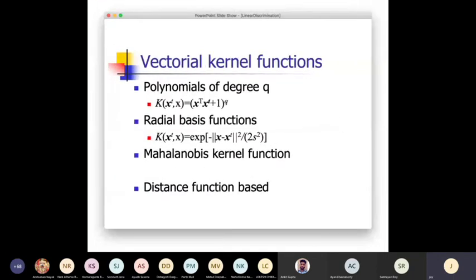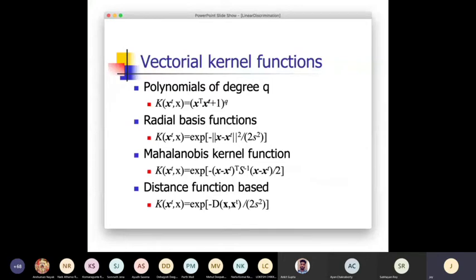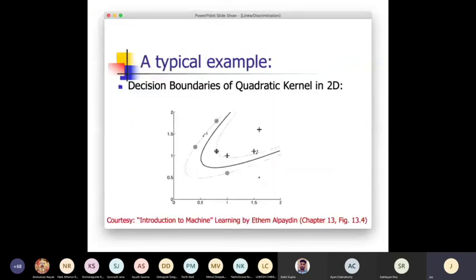It could be a radial basis function, and it could be the Mahalanobis kernel function where S has to be given as a covariance matrix. It could be a distance-function-based kernel function. So there are so many different types of kernel functions that you can use, and you can solve this problem by using this kind of kernel conversion. There are also other kinds of functions like sigmoidal functions, which is given by this.